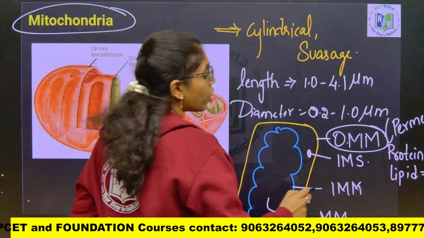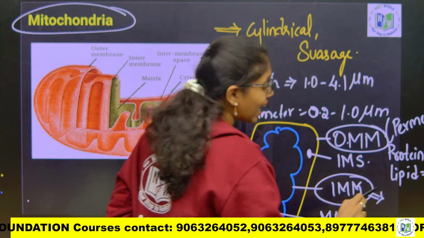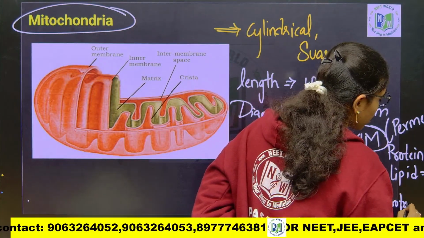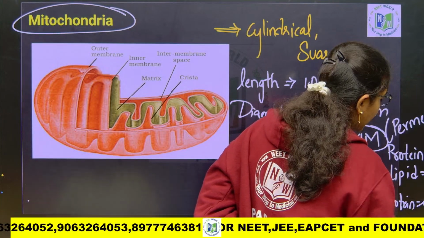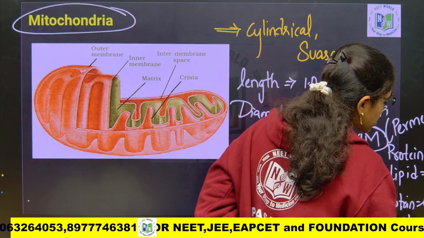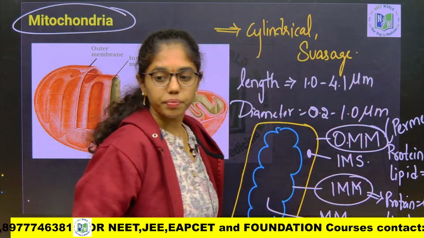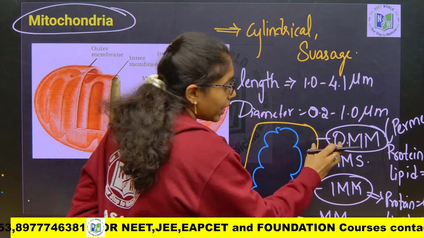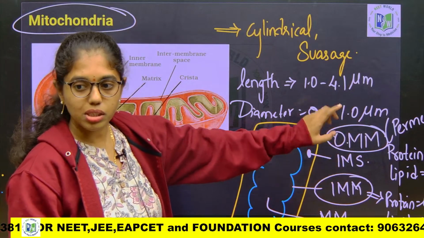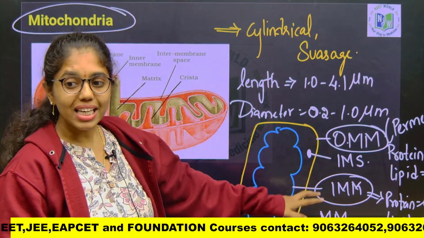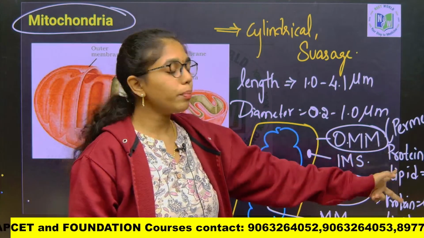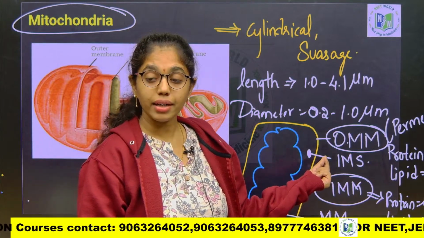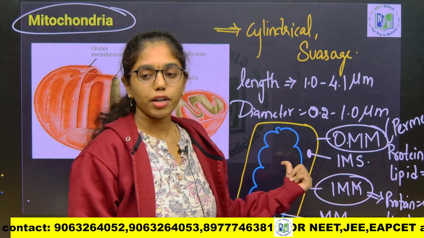Next, in the inner mitochondrial membrane, protein percentage will be 80% and lipid will be 20%. So the outer mitochondrial membrane is completely permeable, the inner mitochondrial membrane is selectively permeable, and this will be the protein and lipid ratio. The space in between is the intermembrane space. Inside you will have the mitochondrial matrix.